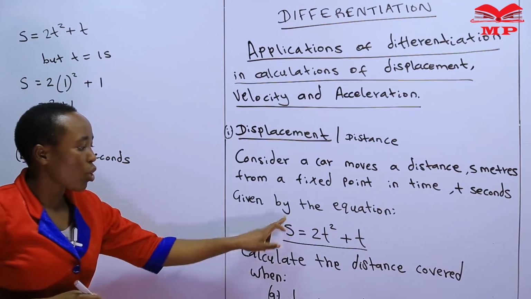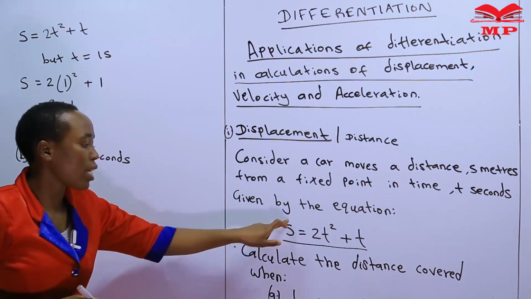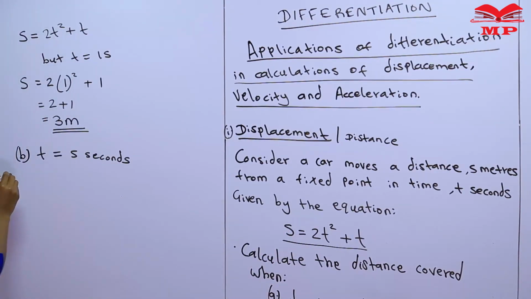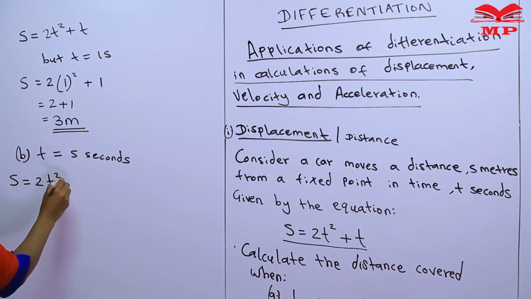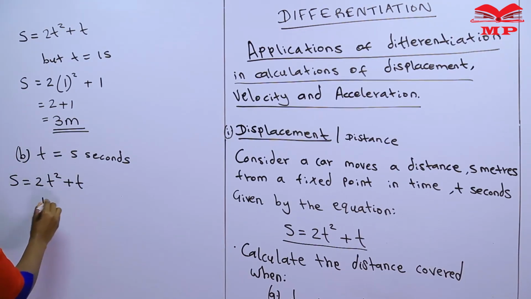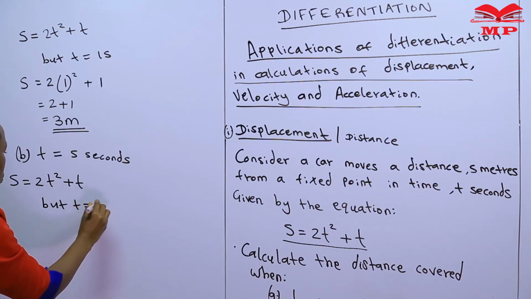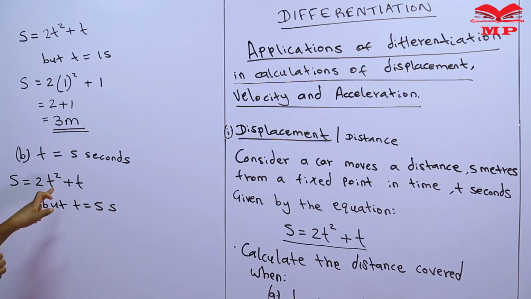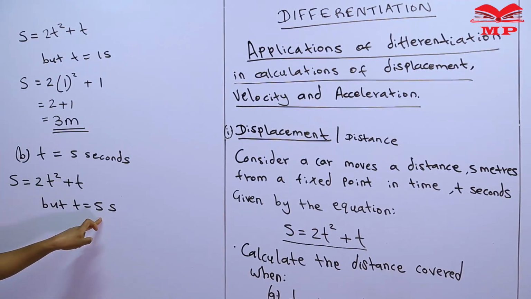Because we already have the equation for distance, we simply say distance s is equal to 2t squared plus t. But we know that t is equal to 5 seconds, so where we have t, we substitute with 5.